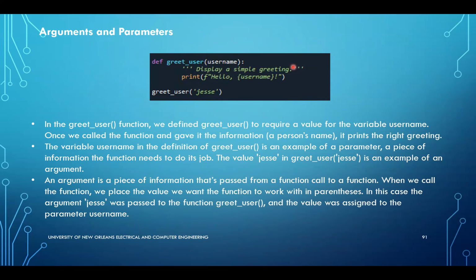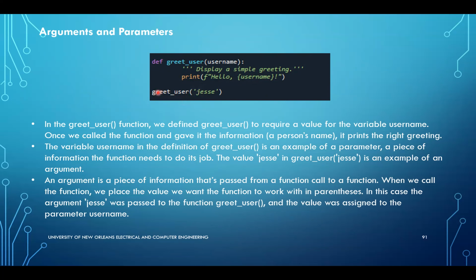And the function is going to print, with this formatting, hello, the username. And that's what the function will do when we call it. This is the calling of the function. The first three lines are defining the function. This one here is actually calling the function from outside the definition.